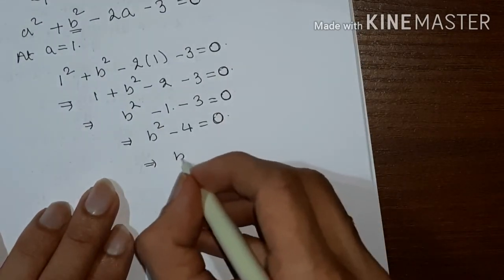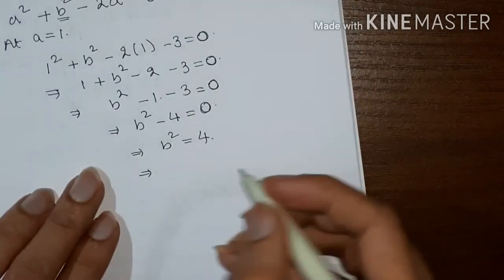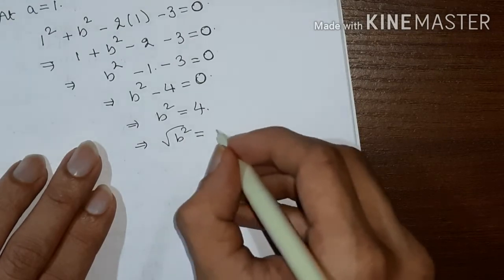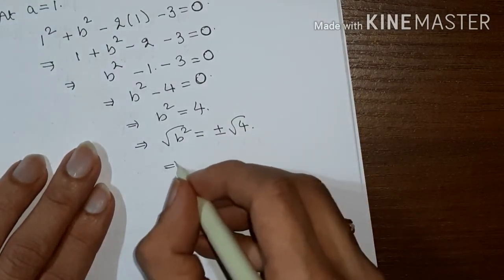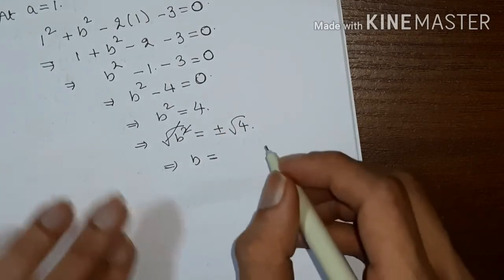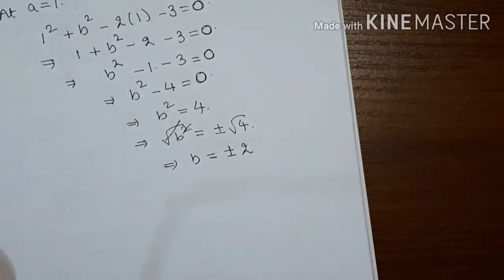So that means b square is equal to 4, and so if you take square root on both sides, what we get is square root of b square equal to plus or minus square root of 4. So square root and square will get cancelled, you will get b equal to plus or minus root of 4, which is 2, right?